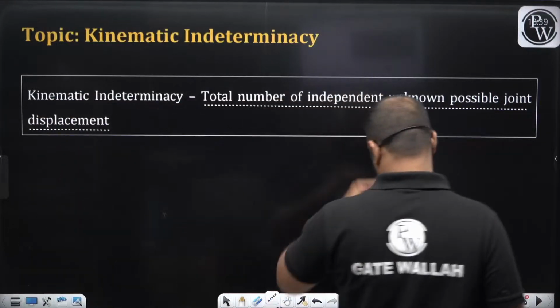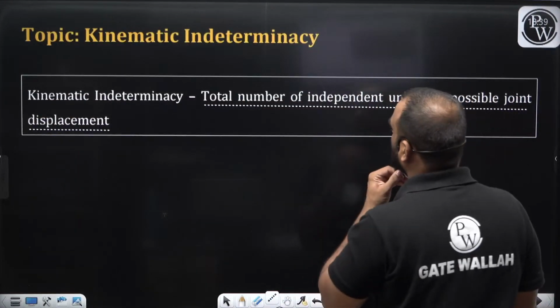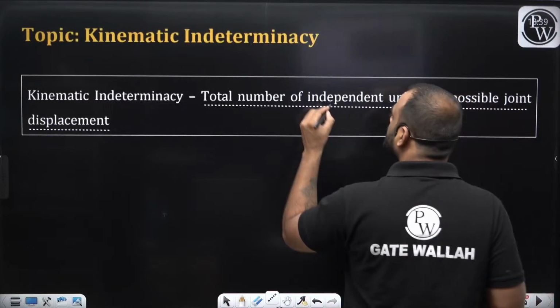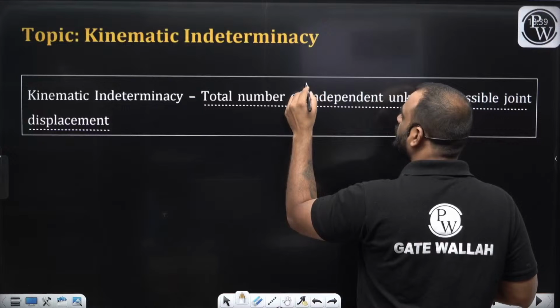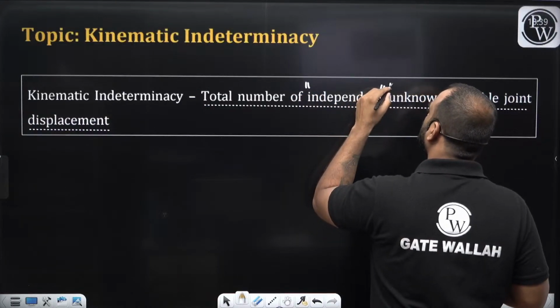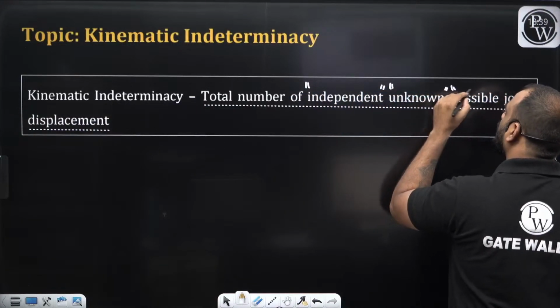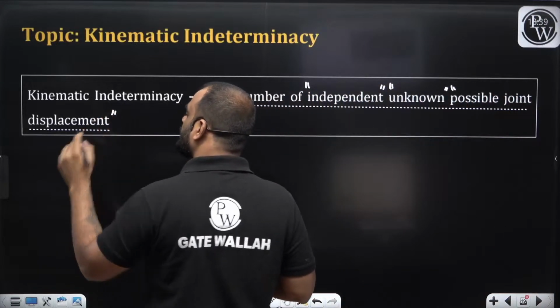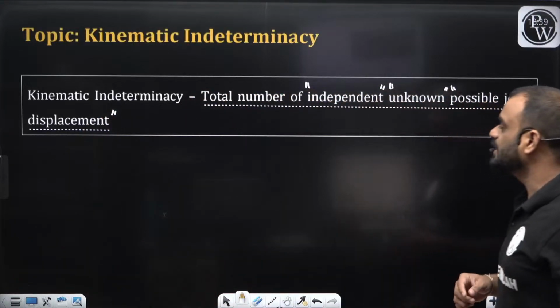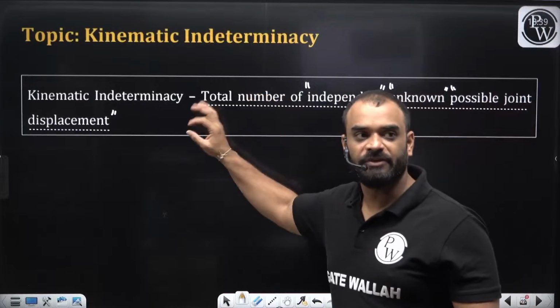Now, guys, we'll discuss one by one these words, what they are exactly, possible joint displacement, so that you can understand the complete statement or complete formula also.